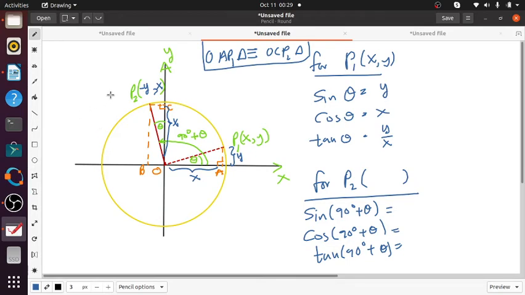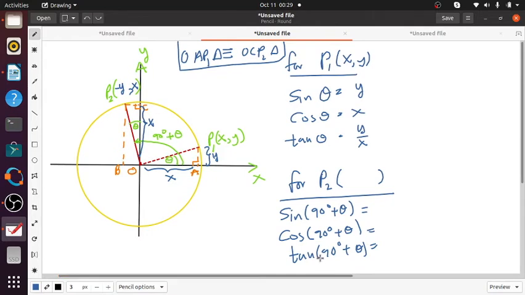Now all we need to define the trigonometric ratios for this point is the coordinates. We have found the coordinates, so now we can write the relevant ratios. Sine of 90 plus theta, so this is where we are now in the second quadrant.